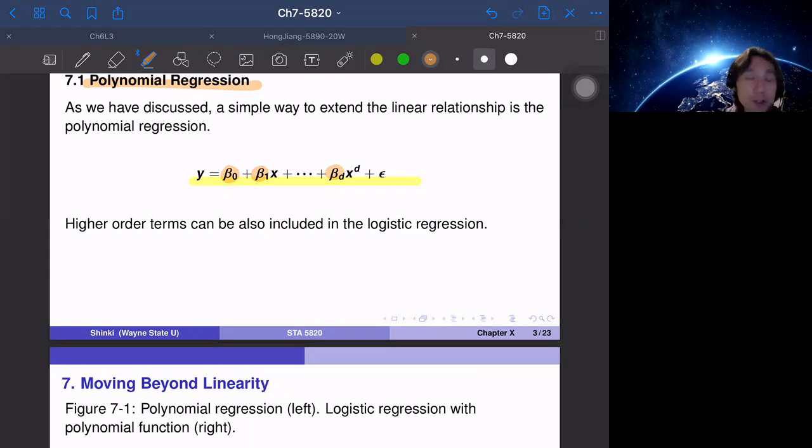Polynomial regression doesn't work well usually. If you do a final project, then except for time series data, it's really hard to find an example where the relationship between x and y is nonlinear, I mean quadratic or cubic.